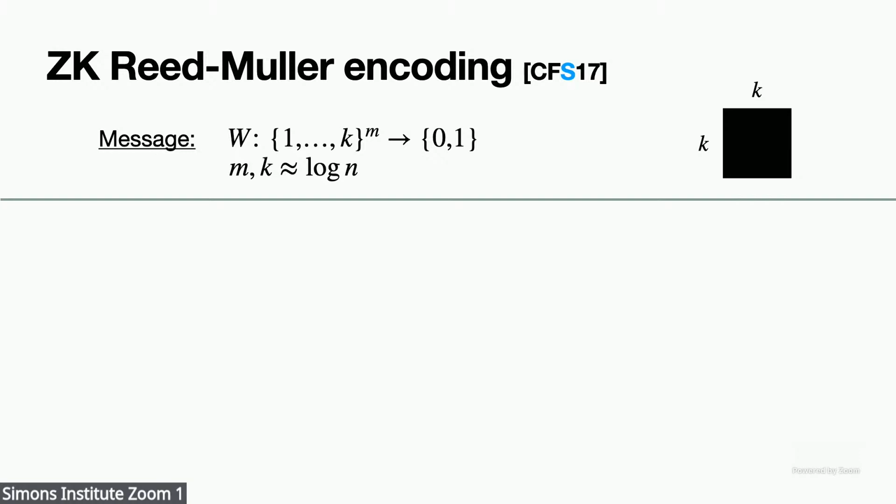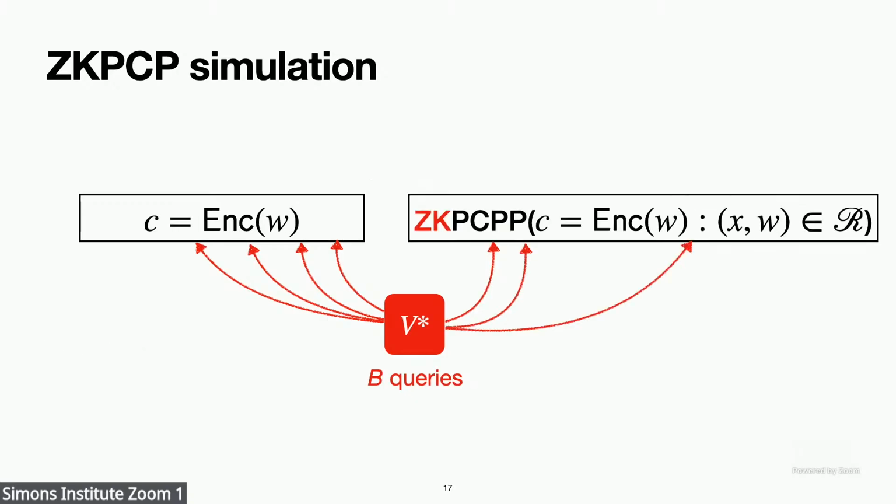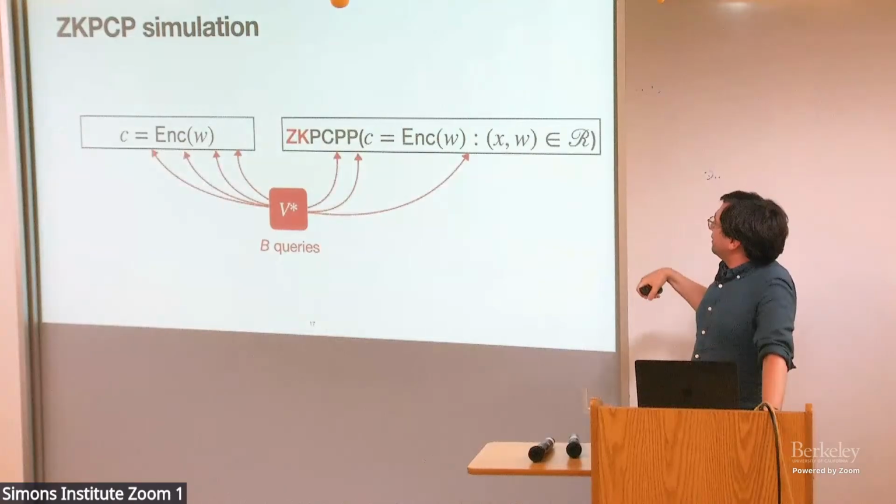Sorry, can I bring you back? Why did you need the local testability for the code? Okay, good. For soundness, I want to test that this encoding is actually close to a real encoding. Did you need it if you have a full-blown PCPP? Yes, because I'm only going to get a proximity statement from the PCPP.